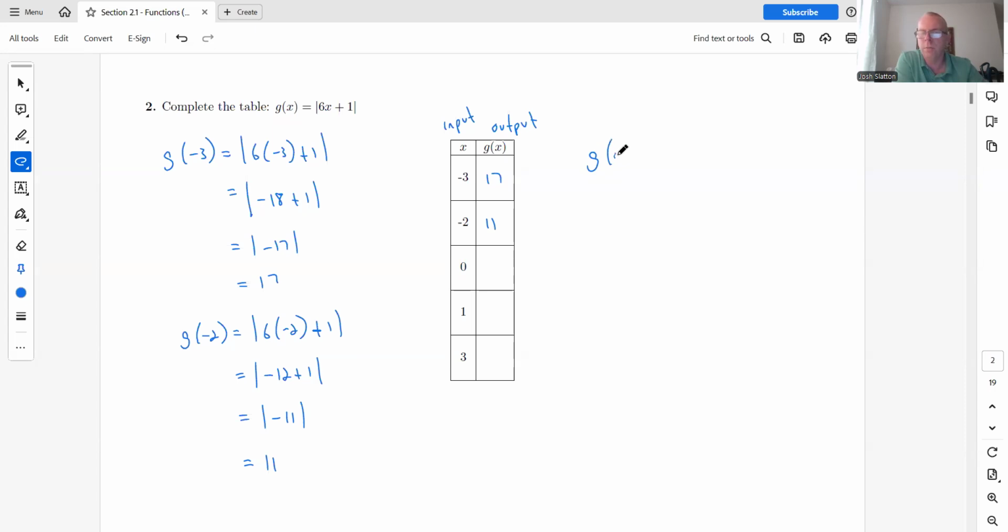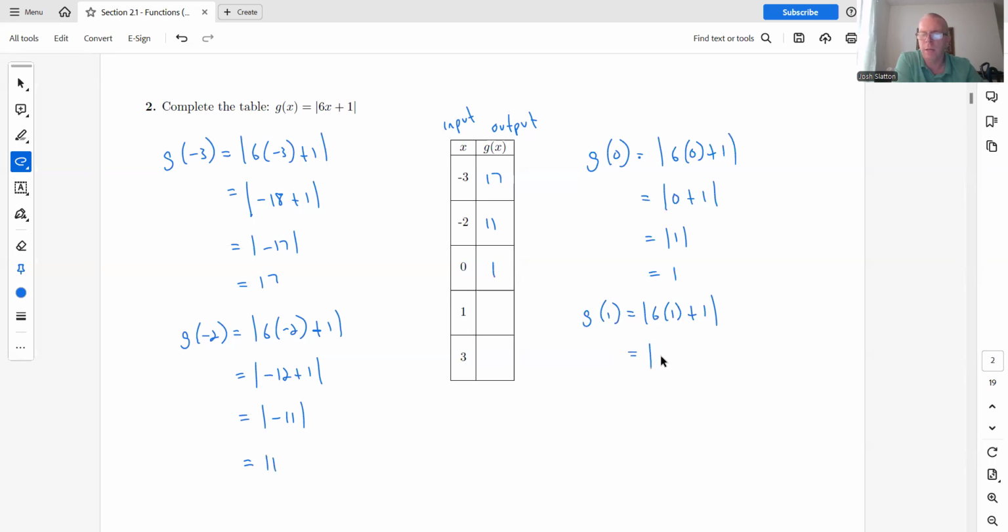G of 0 would be the absolute value of 6 times 0 plus 1. 6 times 0, of course, is 0. 0 plus 1, it's going to be the absolute value of 1, and that is 1. And then g of 1, we have absolute value of 6 times 1 plus 1.